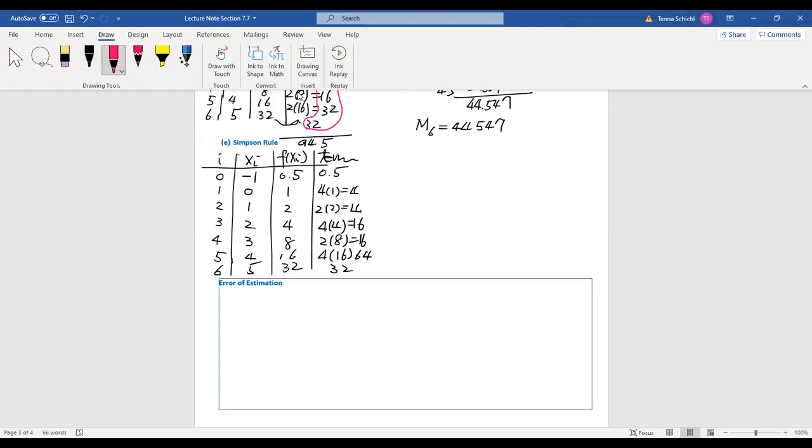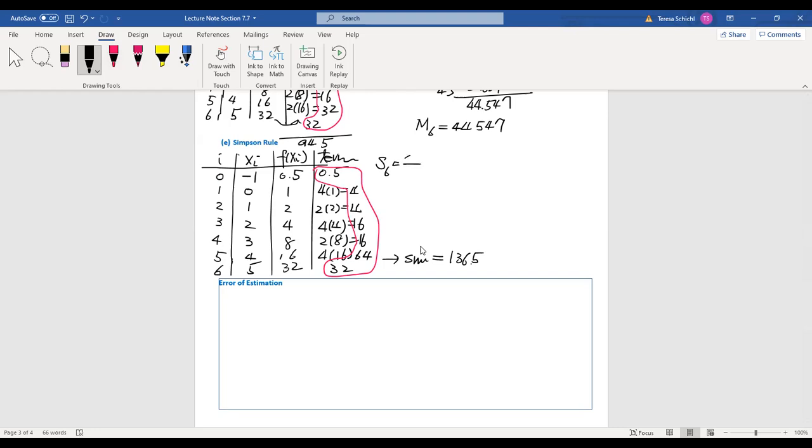Okay, now let's add it. So those are the numbers I need to add, right? When I add them, my sum will be 136.5, right? Then we know the Simpson's rule will be delta x over 3.